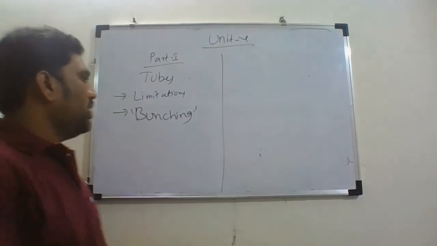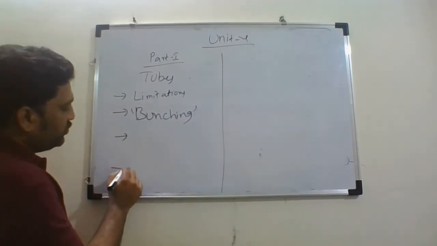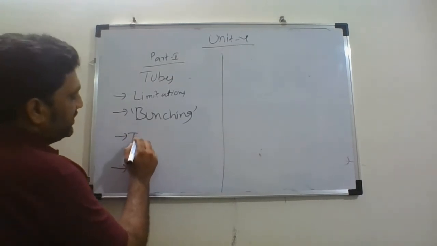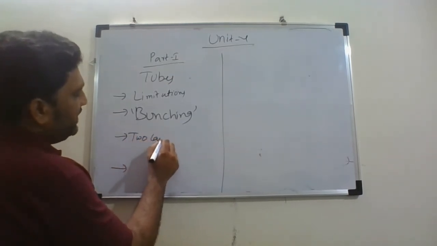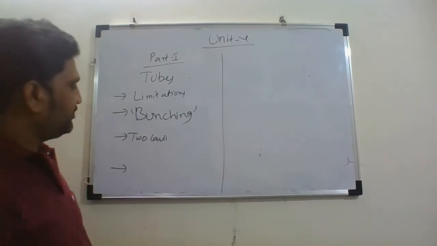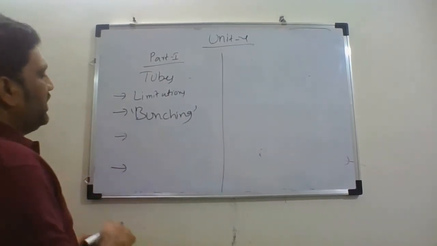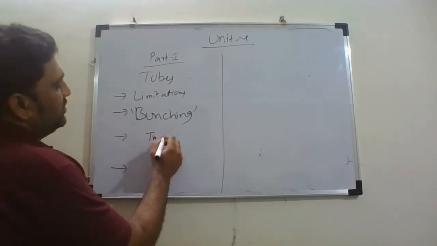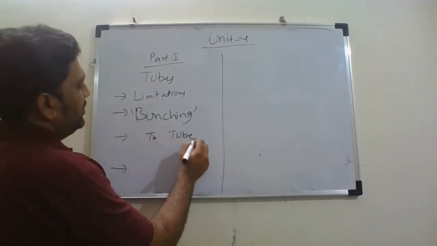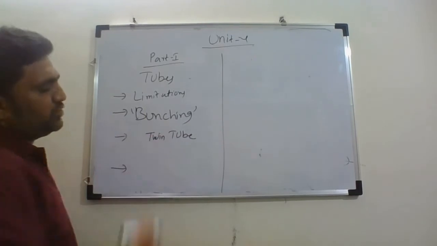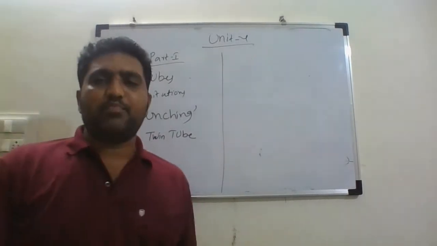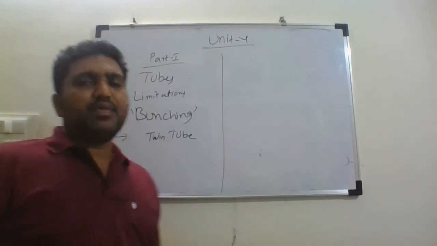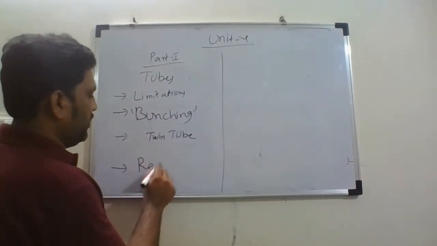In our syllabus, we will be discussing two very important microwave tubes. One is the two cavity klystron, a two port or multi port microwave tube, with its general structure, and the other is the reflex klystron.